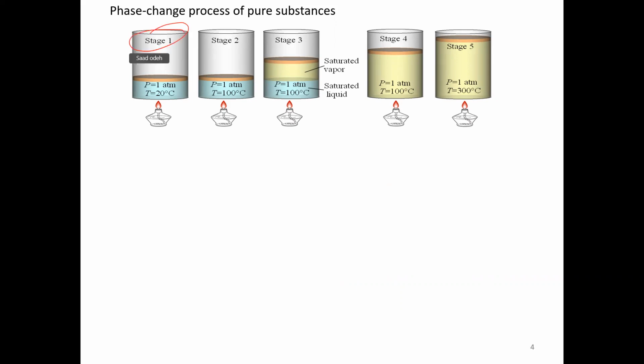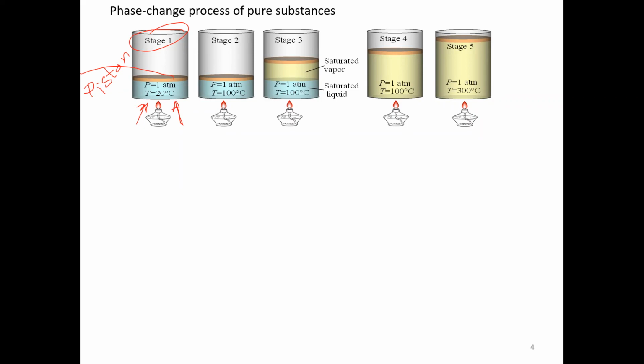We have water in a cylinder, and we put a piston on the top of the water, and we start to add heat from the lower part. The water at the beginning is at 1 atmosphere and 20 Celsius.